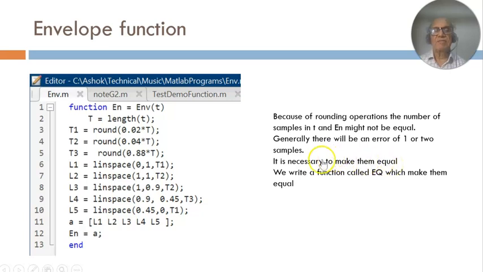Later on you will see that if you want to process 2 arrays, for example, you want to do pointwise multiplication of 2 arrays, then their lengths must be equal, otherwise Matlab will produce an error. Also, if you want to plot say time versus the envelope, then unless the number of samples in both are the same, you can't plot them. So therefore it is necessary to make them equal. So we write a function called equal which makes them equal. So next what we will study is the algorithm for this function equal.